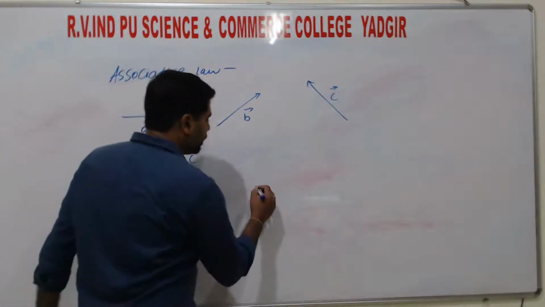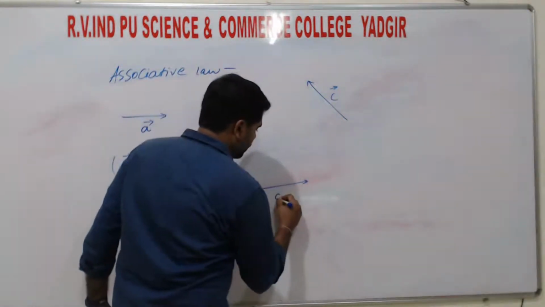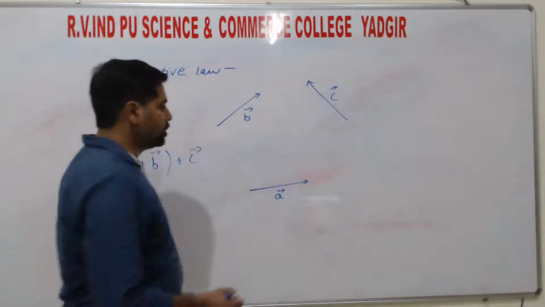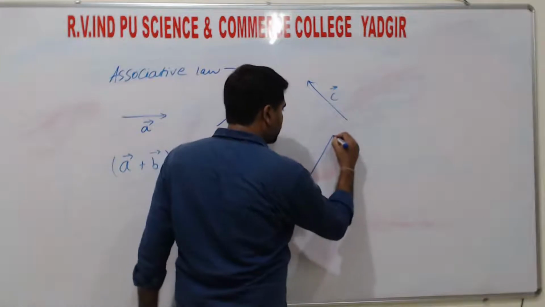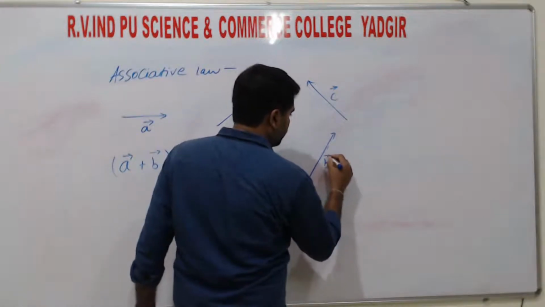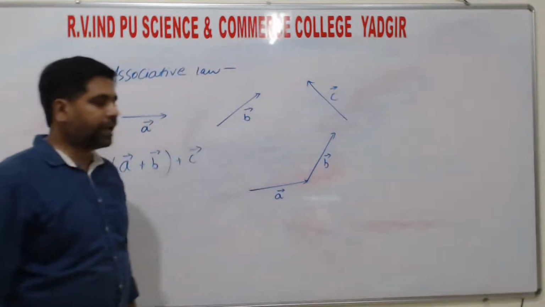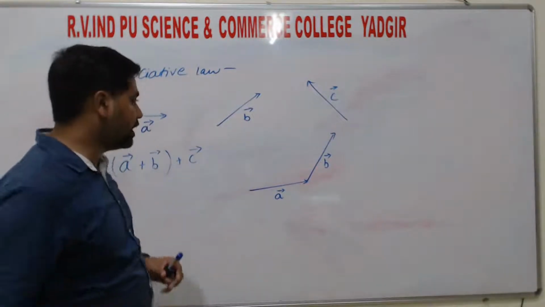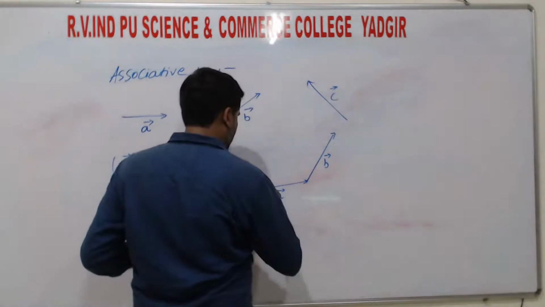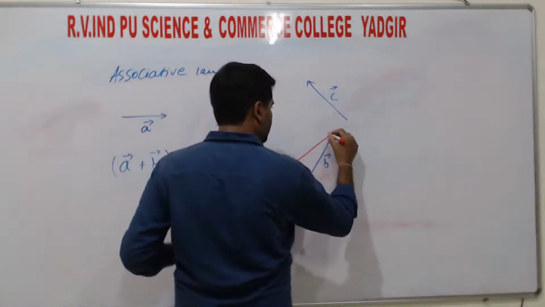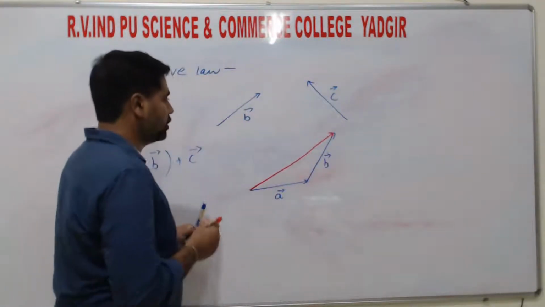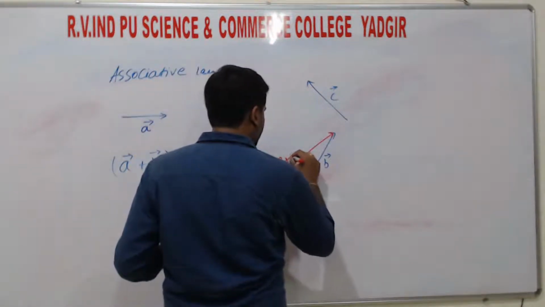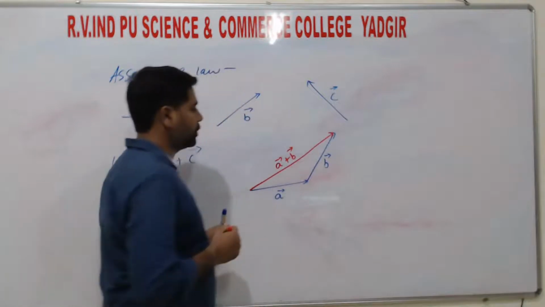For this, keeping vector A as is, the tail end of vector B is joined with the head end of vector A, right? So now we get the resultant like this, which is vector A plus vector B, right?